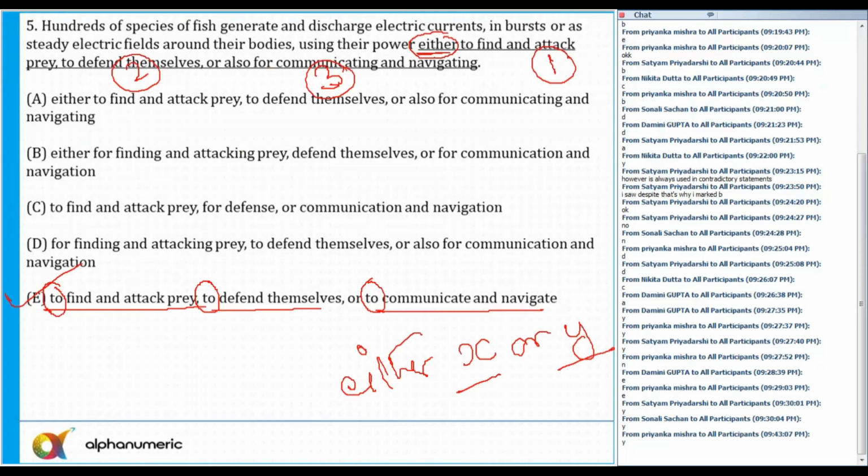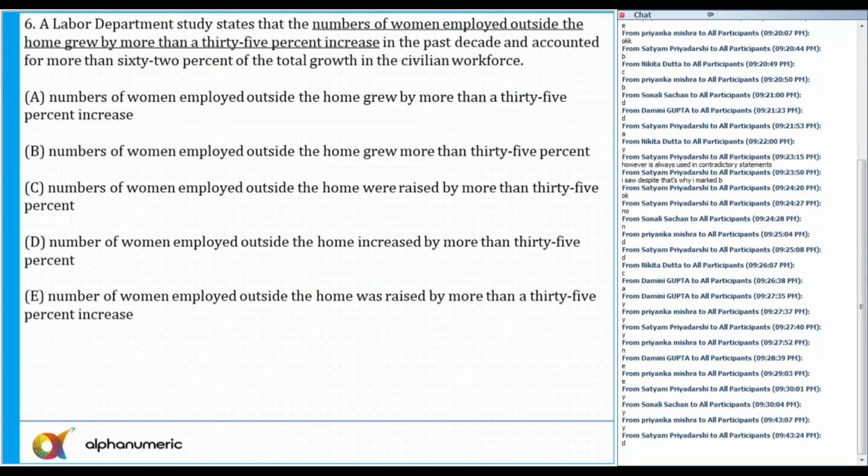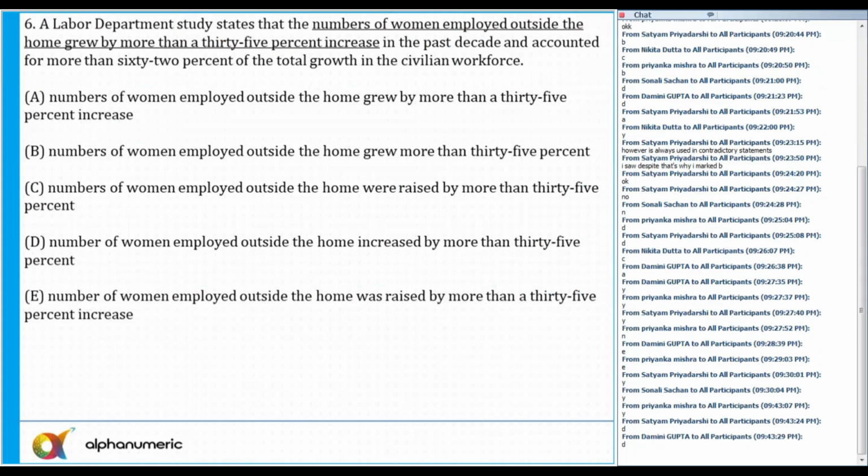So let's take a look at question number 6. A Labor Department study states that the numbers of women employed outside the home grew by more than a 35% increase in the past decade and accounted for more than 62% of the total growth in the civilian workforce.